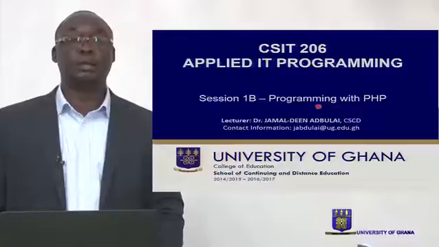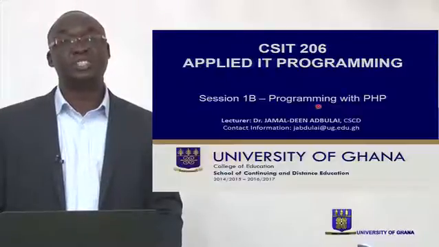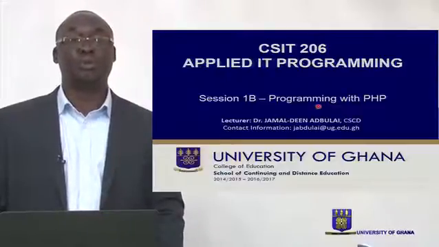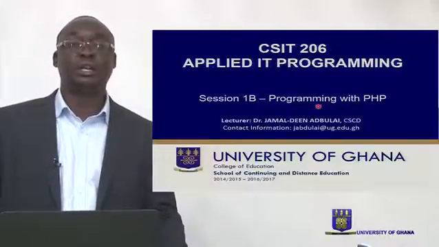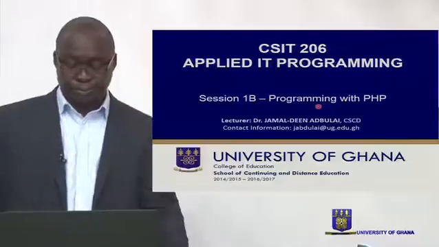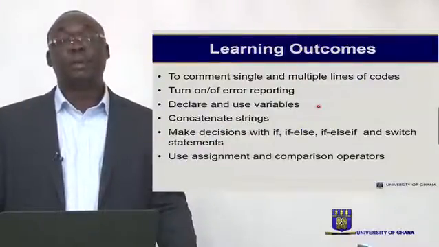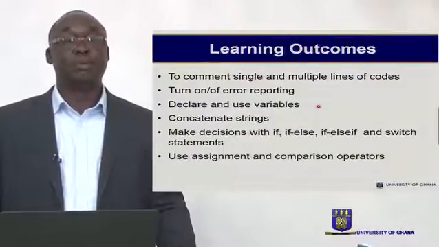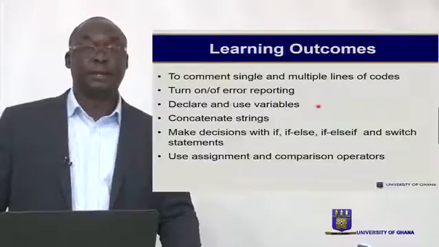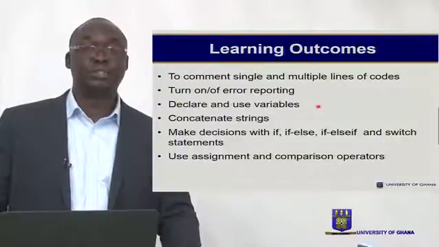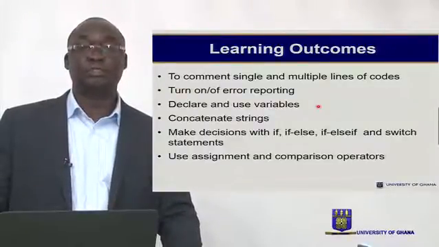We'll look at how we can make decisions in our source code, or how we can do repetitive executions in our source code. So we'll just recap with the comments, and I'll give you a printout of how it should look in PHP. Then we can quickly go through variable declaration and concatenation of strings.